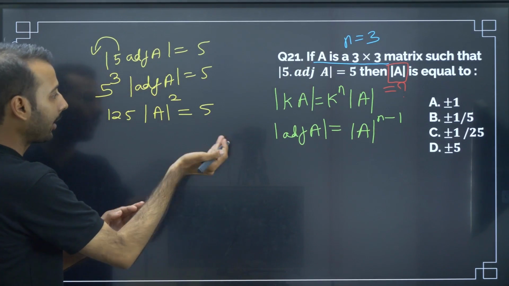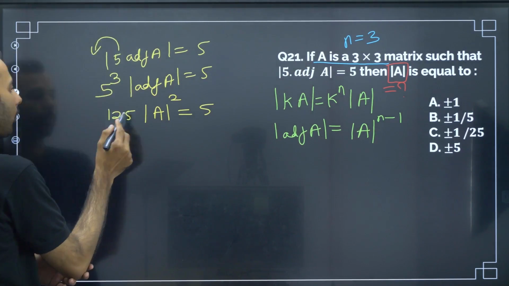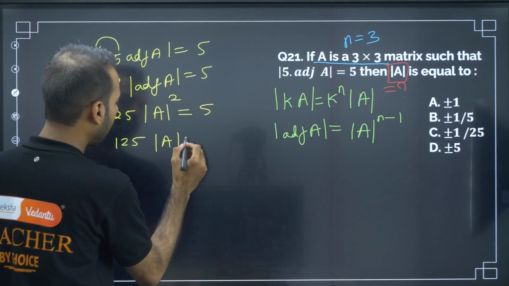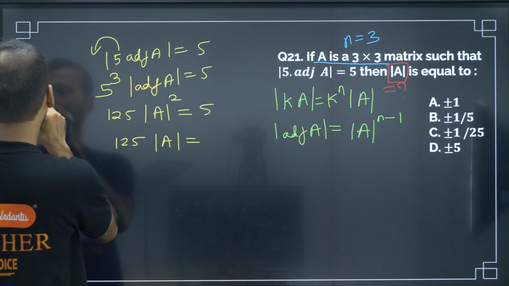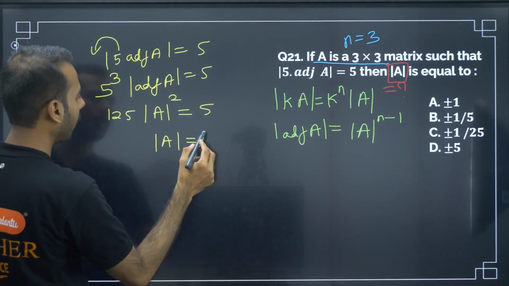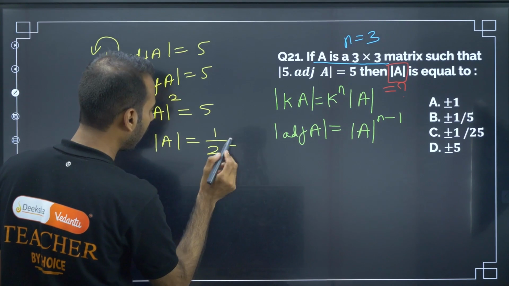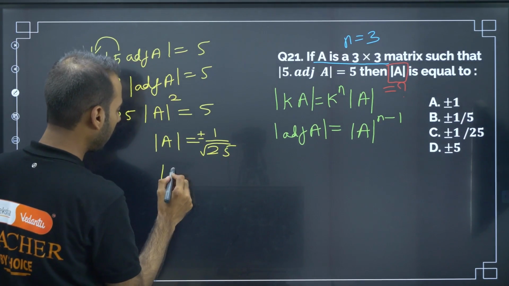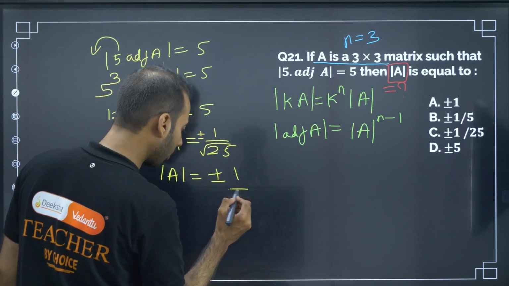Using that property I am writing like this, 125 determinant of A squared is equal to this. If I take 125 to that side, determinant of A is plus or minus 1 by 5.